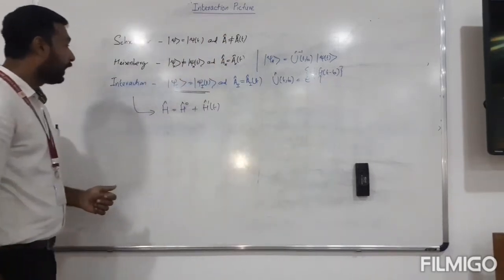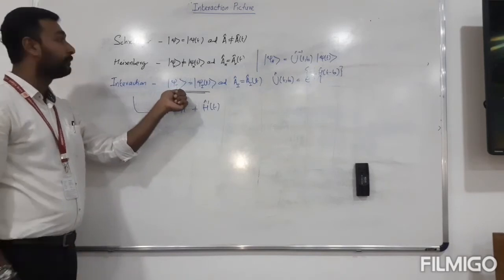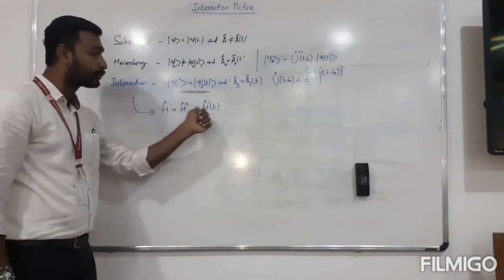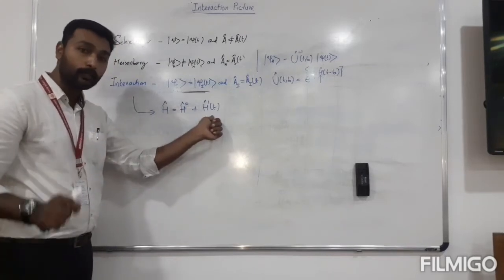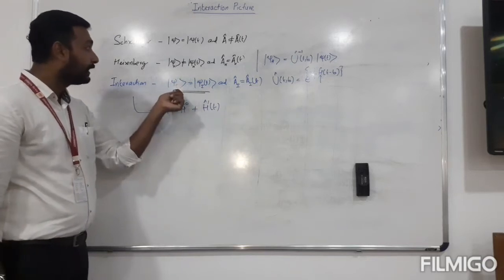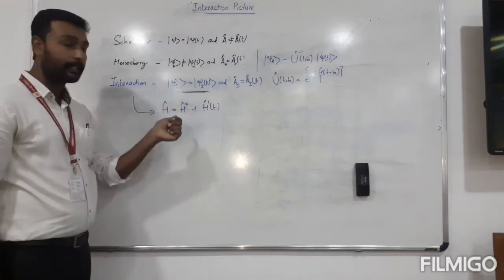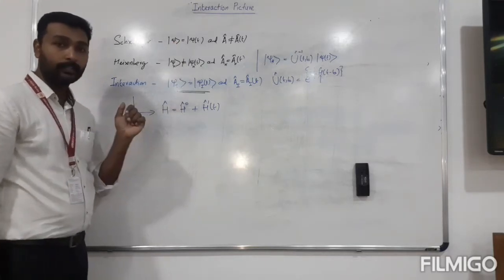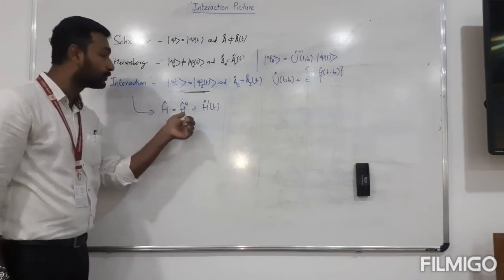Okay, so how can I connect the state vector in the interaction picture and the state vector in the Schrödinger picture? In the interaction picture the Hamiltonian has two parts, a time independent part and a time dependent part. So obviously psi I and psi would be connected through a unitary operator with H0 as the generator. I need not use the complete Hamiltonian as a generator, I have to use only H0.